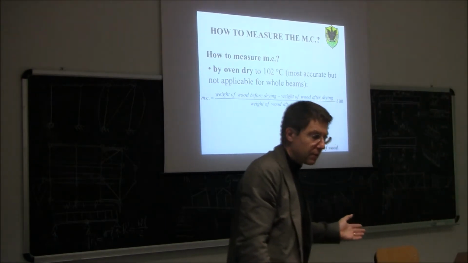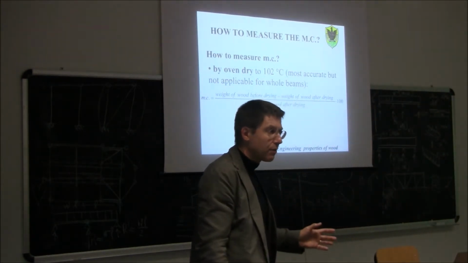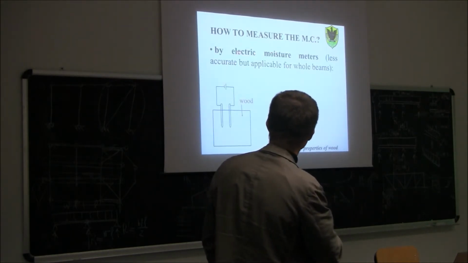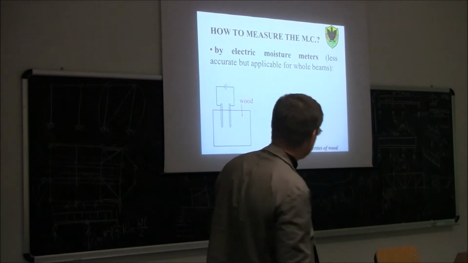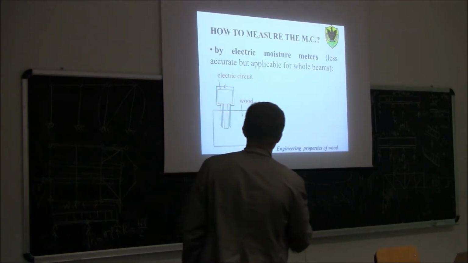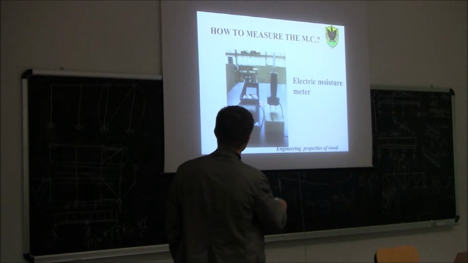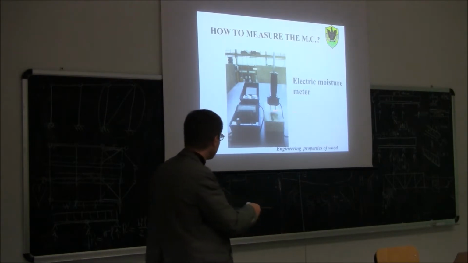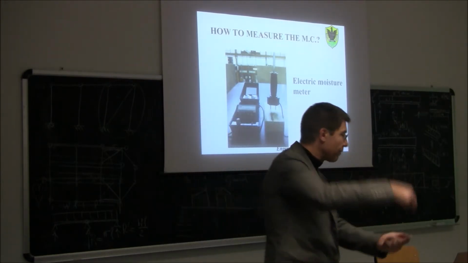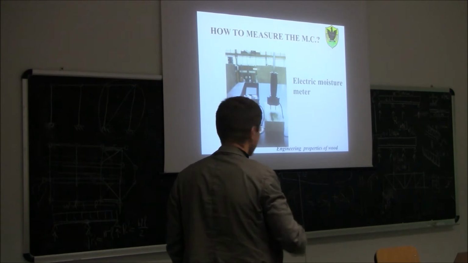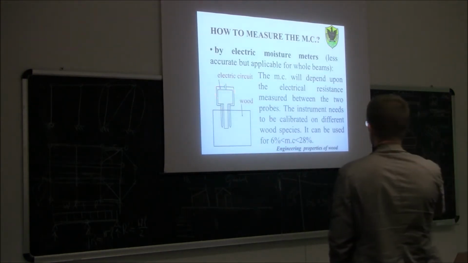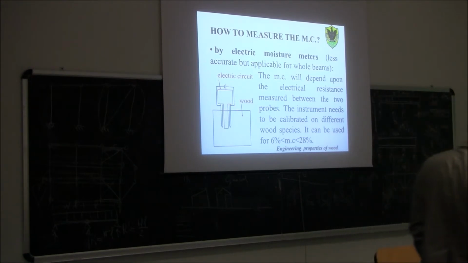Chiaro? So we need another way to measure the moisture content of wood. What is the other way? It is to use these electric moisture meters. Basically, it's an instrument like this. This instrument has two probes, so basically you embed these two probes, needles, into the wood, then you switch on, and you get a kind of electric circuit between the device and the wood.